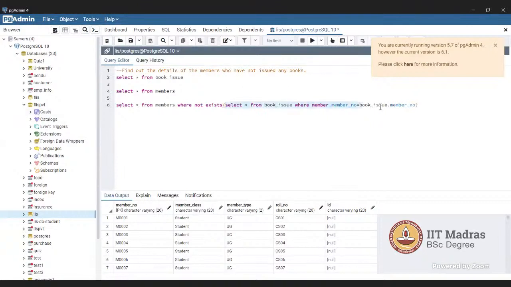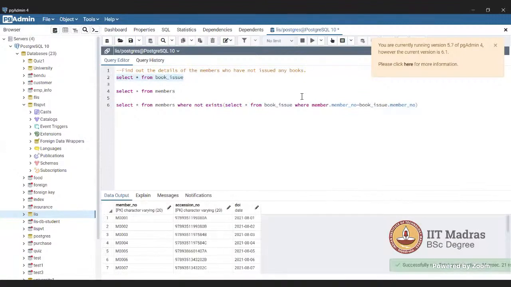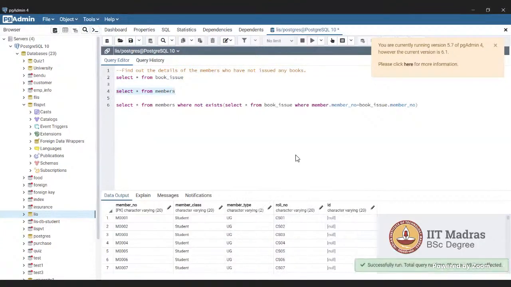See, this inner query will return who have issued at least one book. So please see the query first. The book issue table consists of member number, accession number and date of issue, and the member table contains member numbers and like this.